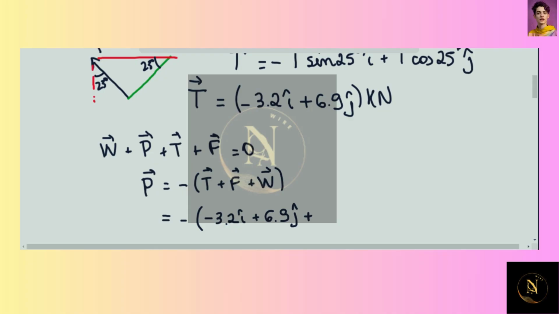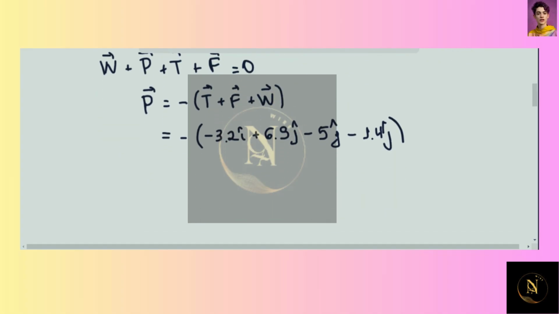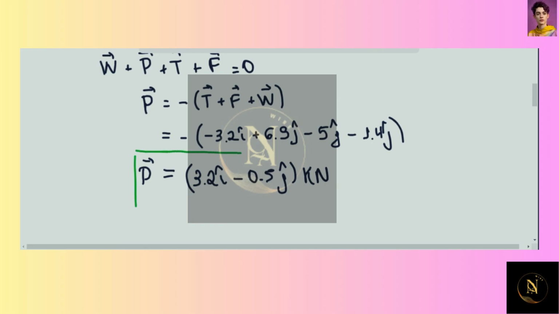F is minus 5j, and W is minus 1.4j. So this is equal to 3.2i minus 0.5j. So the horizontal component is 3.2, and actually I forgot to write here, but this is in kilonewtons. The horizontal component is 3.2, and the vertical one is minus 0.5, which concludes our exercise.